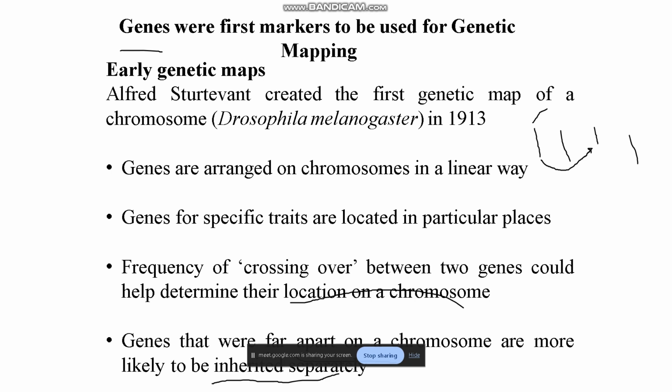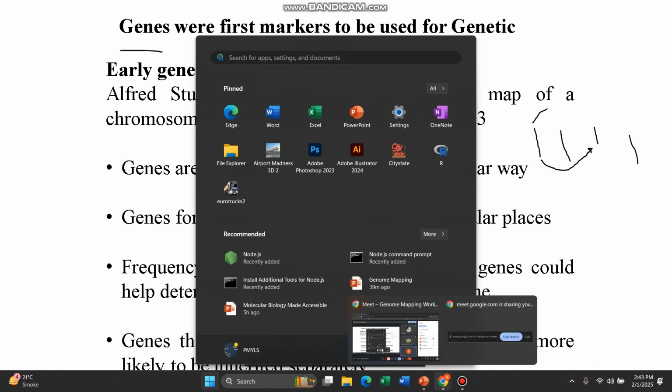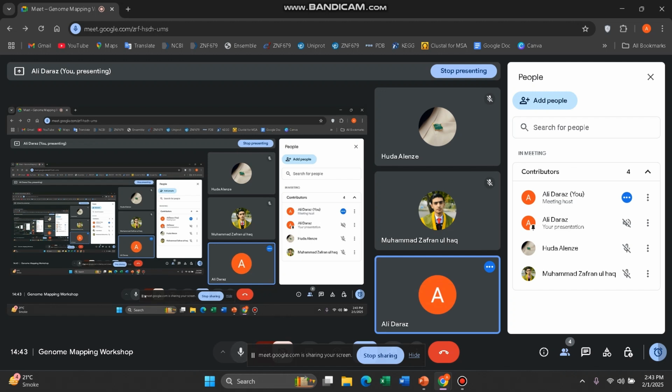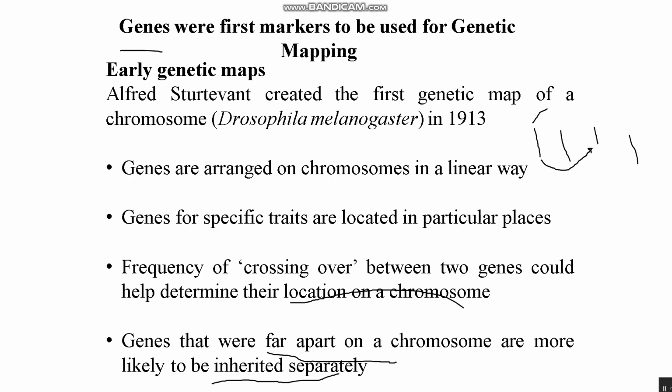Genes are arranged on the chromosomes in a linear way, and genes for specific traits are located in particular places.